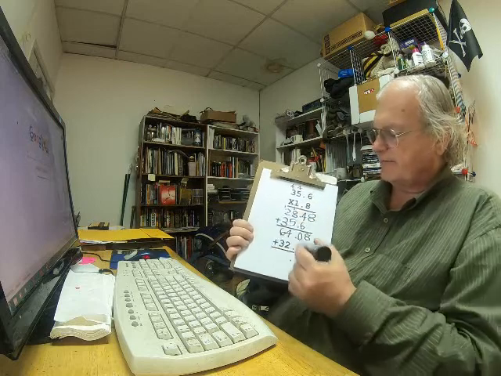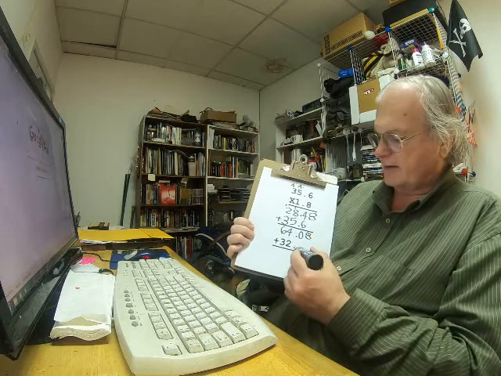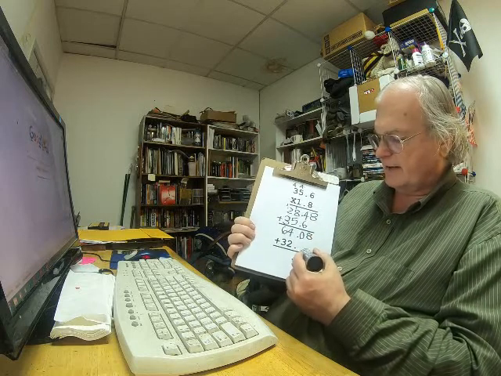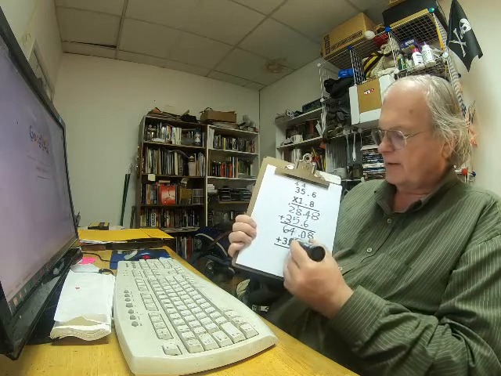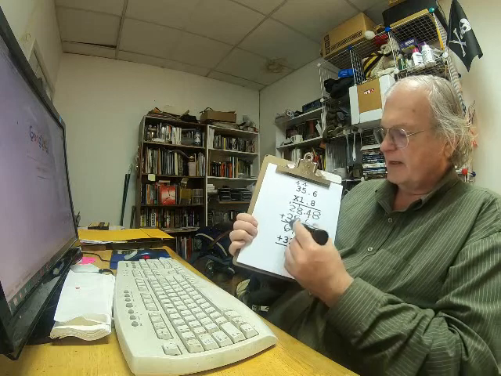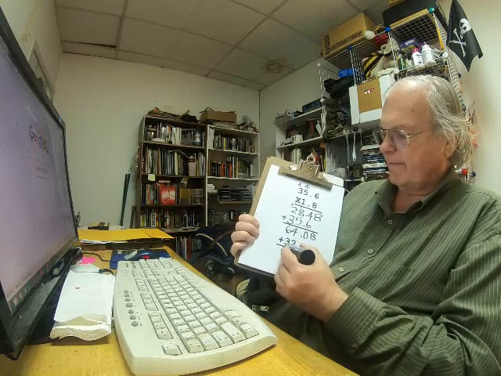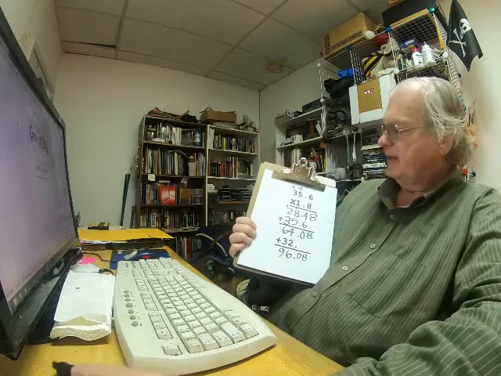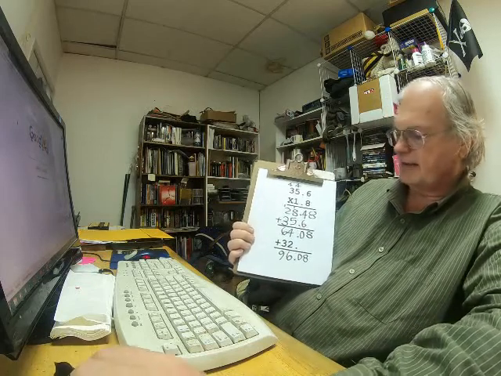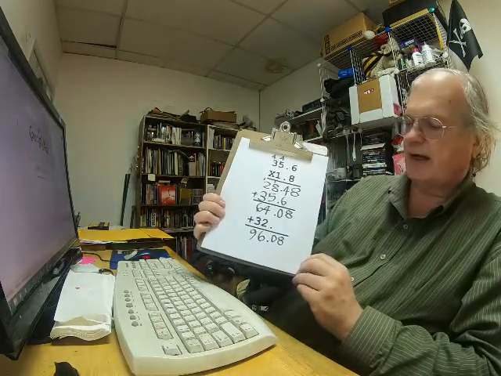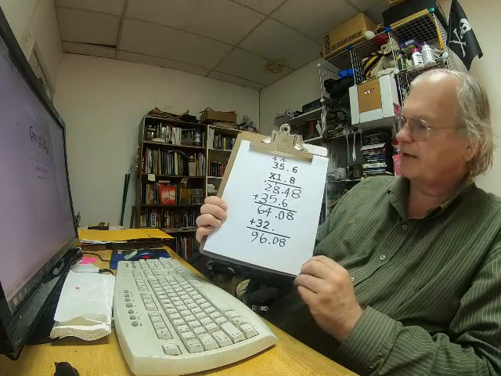So we have the 6. And then we just add the 32. Well, 0.8 comes down here. 4 plus 2 is 6. 6 plus 3 is 9. And so 35.6 Celsius is equivalent to 96.08 Fahrenheit.